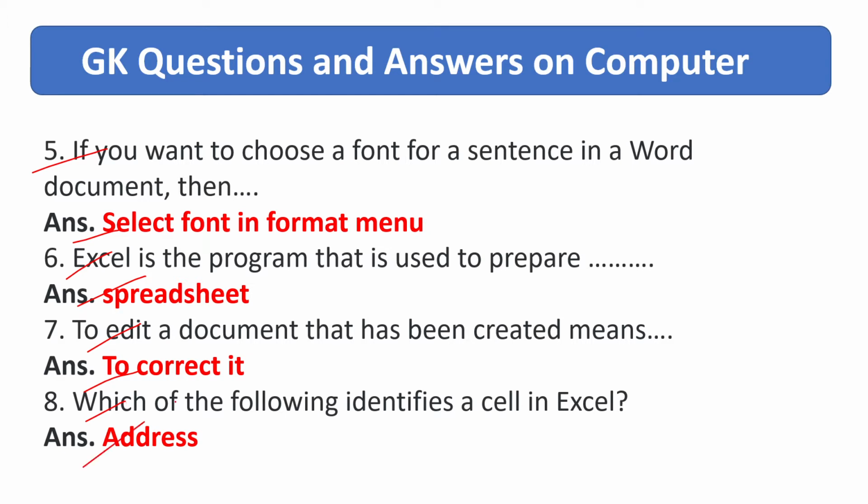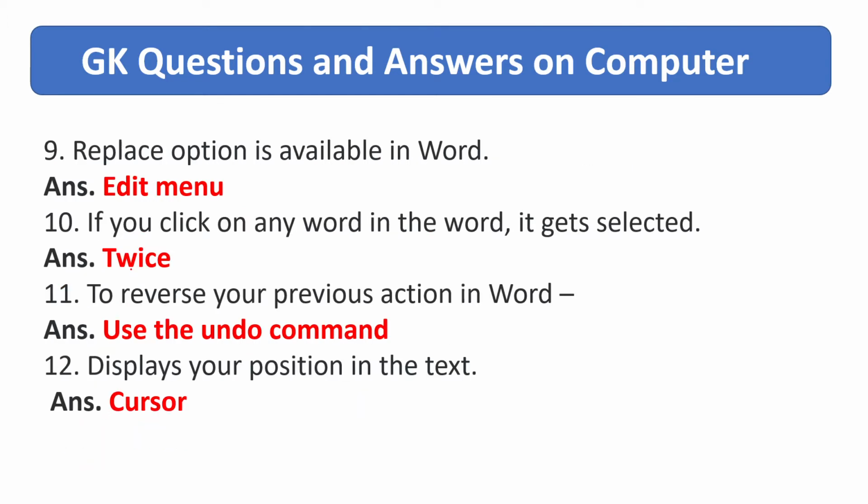Answer is address. The replace option is available in Word? Answer is edit menu. If you click on any word in Word, it gets selected? Answer is twice. To reverse your previous action in Word, use the undo command.